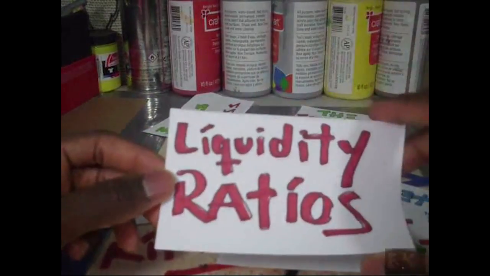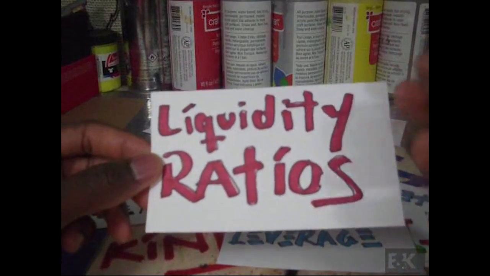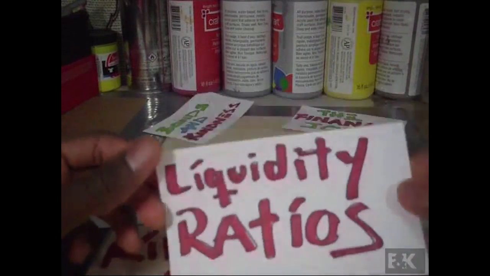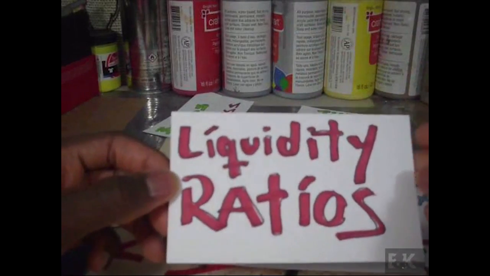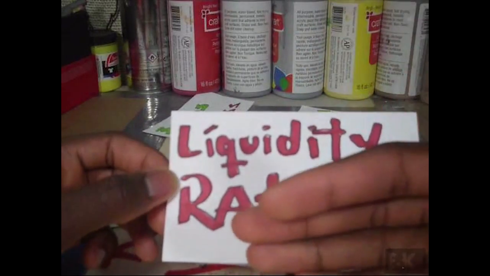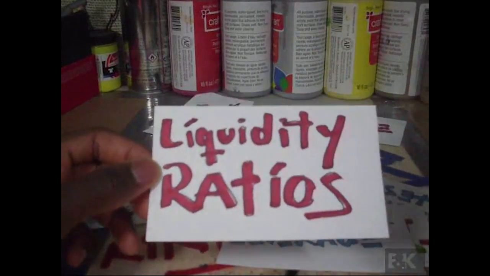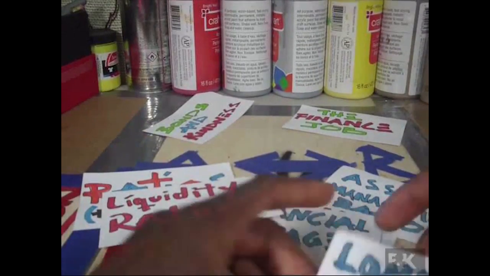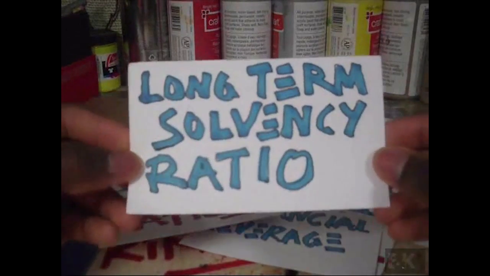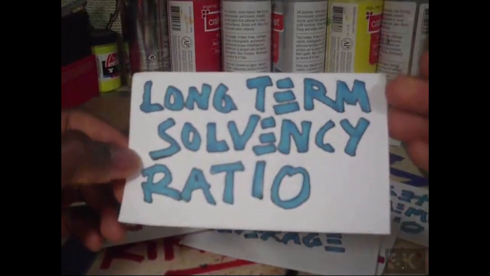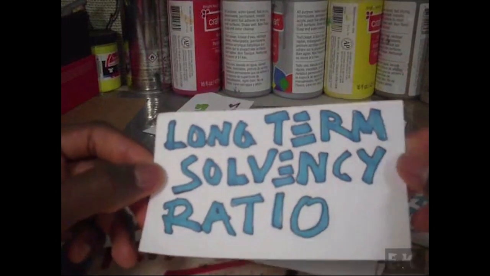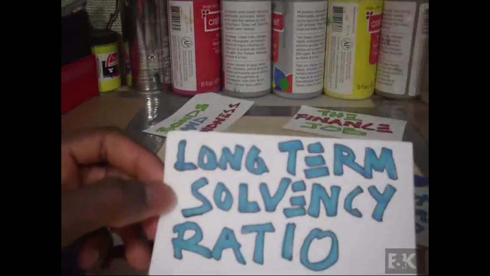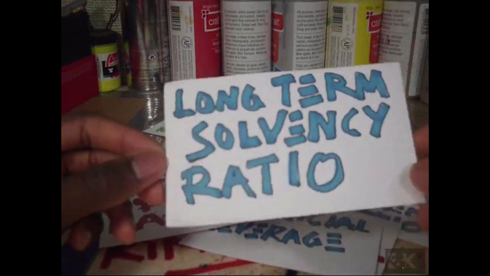In the worst case scenario, if we cannot continue to operate, how likely is it that we'll be able to pay our bills? Liquidity ratios are more concerned with the bills that are upcoming within the year. And even though this is not in order, looks like the universe is on my side. Long-term solvency ratios are the ratios that give you clues as to your ability to take care of your bills that are going to be due after a year in case things just go wrong.